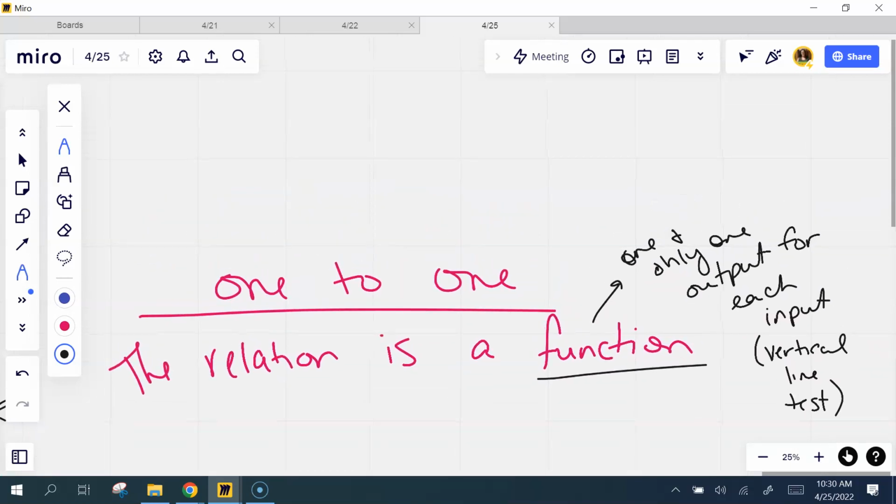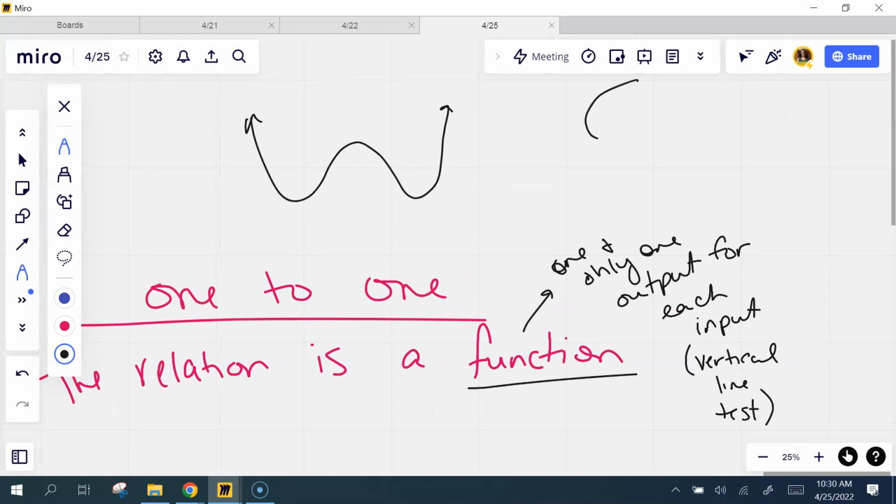So if I had something like this, yes, that's a function. But if it flipped over on its side, and I say that now because that's what inverses are going to do, this is no longer a function because if I drop a vertical line through it, those x's have more than one y that go with them. It hits that vertical line more than one time.